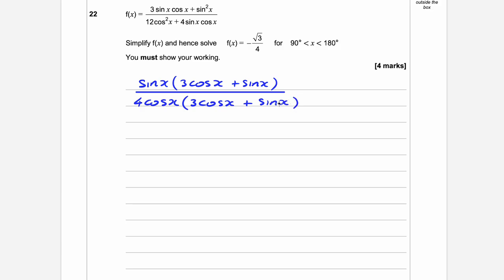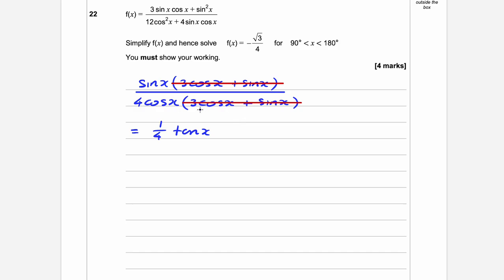Now that's super nice because this whole bracket on top is going to cancel with the one on the bottom. So this is then equal to sine x over 4 cos x, which is actually a quarter. Sine over cos is tan, so it's a quarter tan x, or tan x over 4, same thing.